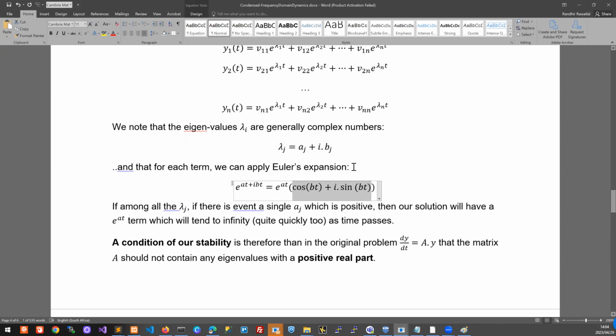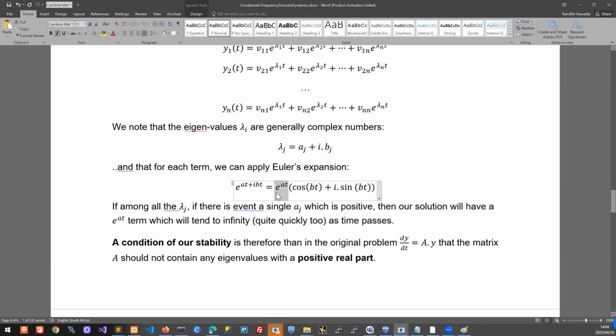But the part we're really concerned about is the real part. So if we have a real part here which is positive, then that's going to show up in here, right? So if you have a real part, and if it's positive, then we are going to have a positive number here, and it's going to be e to the positive times t.